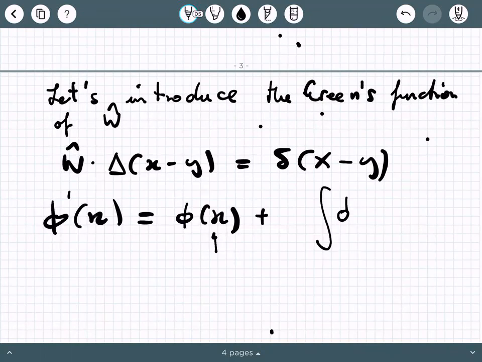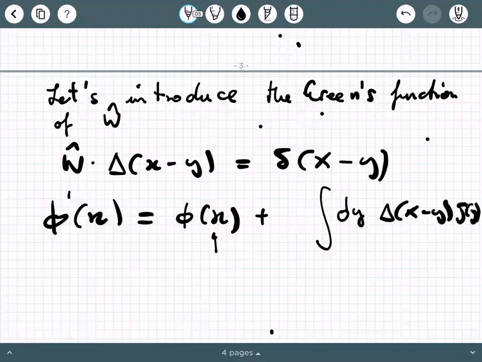So what I'm going to do here is to add a convolution of delta and J. And I will put an arbitrary constant alpha here.